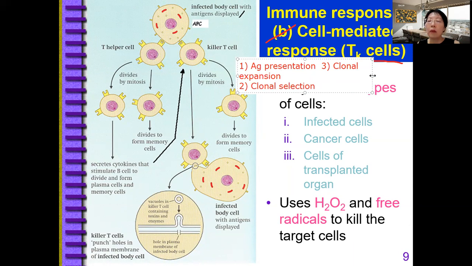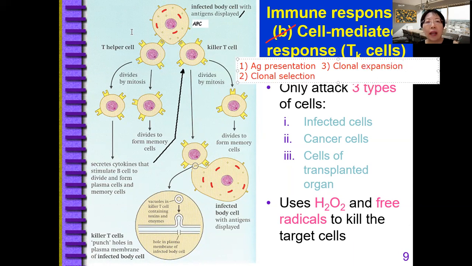Clonal expansion means the selected cell will divide and differentiate into two types of cell. Number 1, the active cell. Number 2, the memory cell. Of course, if the active cell has a specific name, you have to give the specific name, like plasma cell.